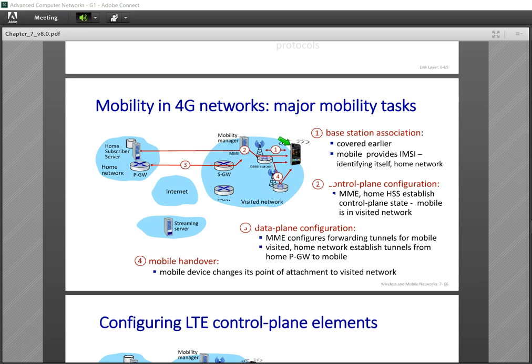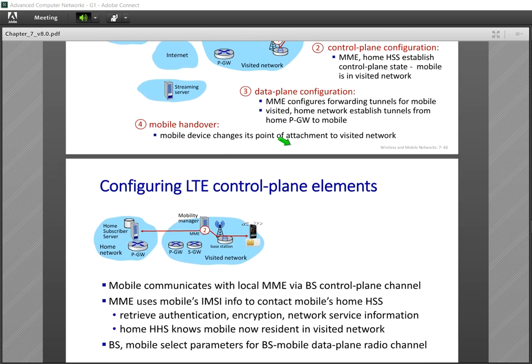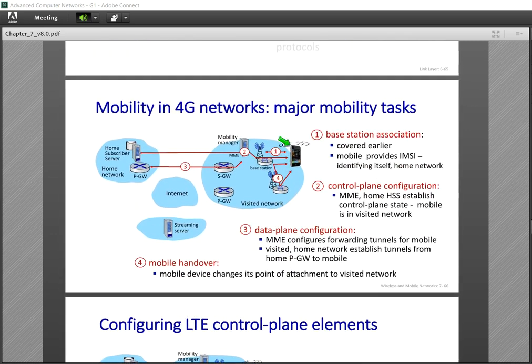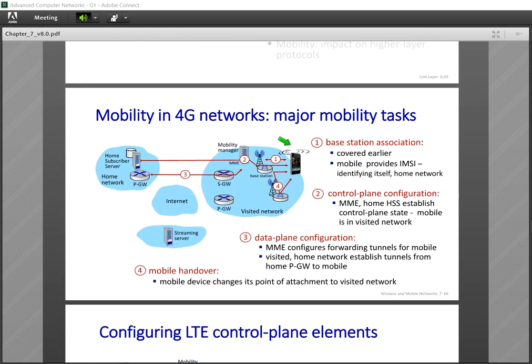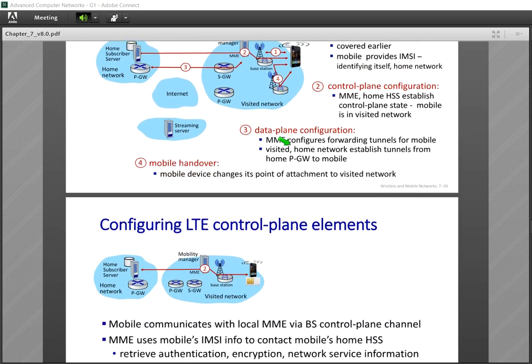I am Mr. X, I come from network Y, something like that. So during the base station association, the mobile device will announce its information to the visitor network. This is the structure of handling mobility in 4G technology.